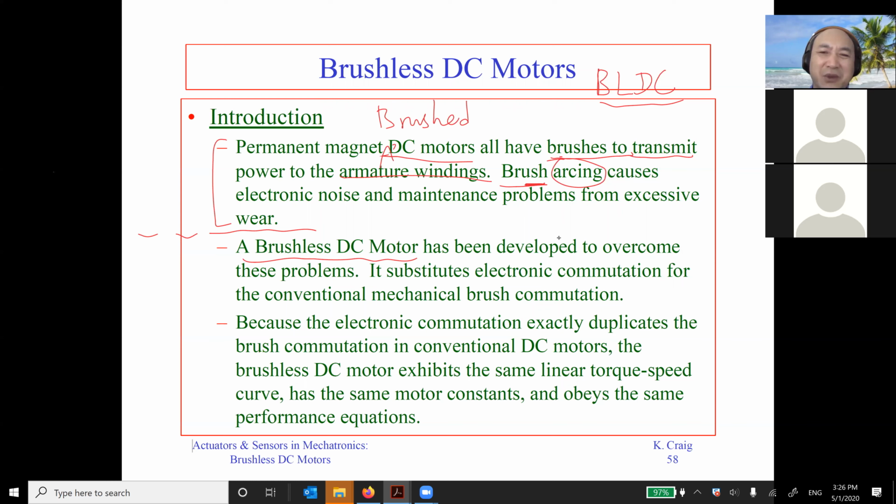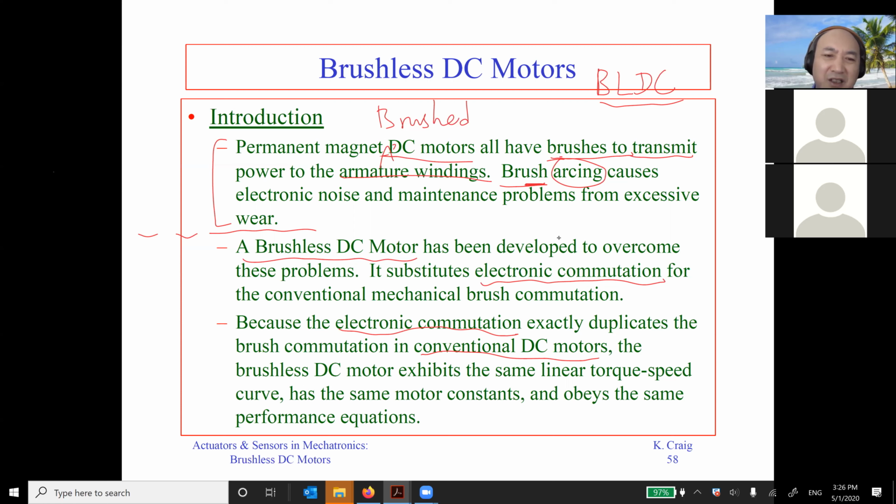So then we use something called electronic commutation, okay, to replace this brush commutation. And this electronic commutation does such nice logic control such that it looks very much like a conventional DC motor.